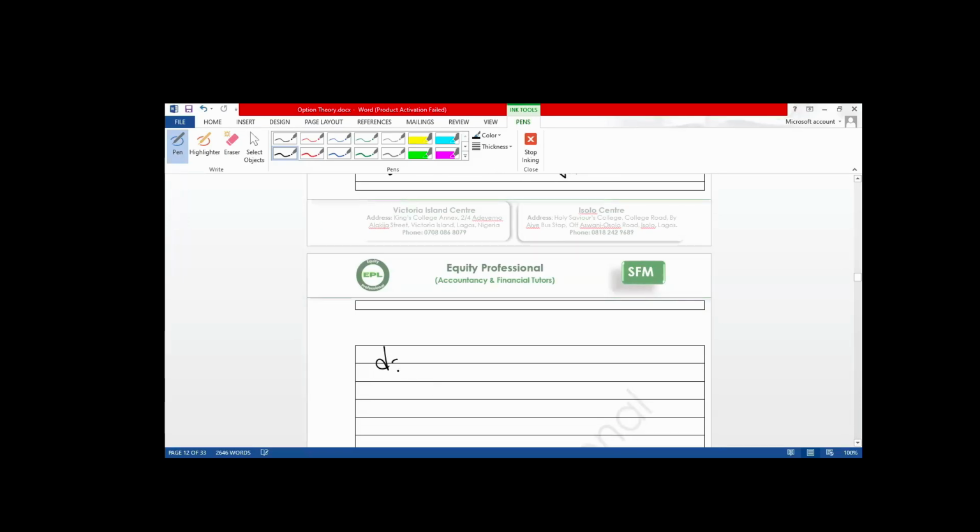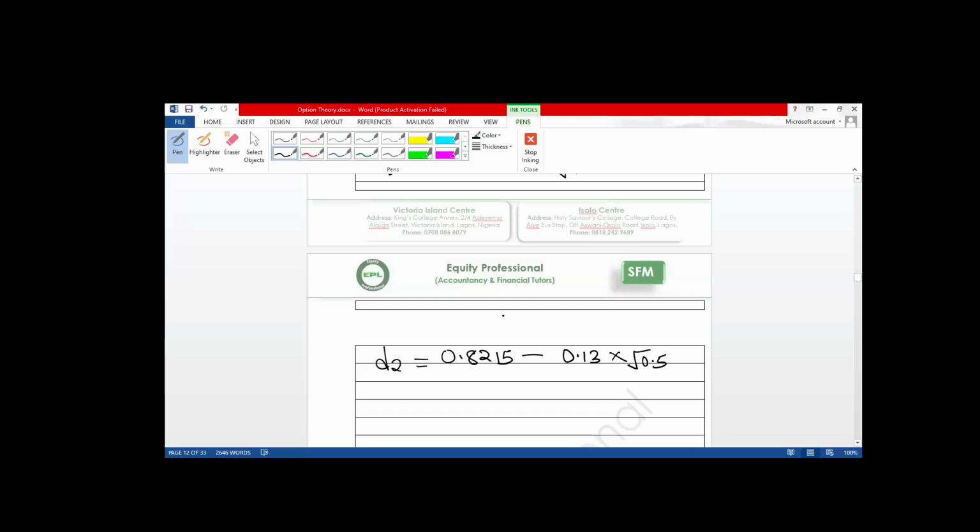Our D2 is equal to D1, 0.8215, minus volatility, standard deviation, 0.13 multiplied by the square root of T, 0.5.